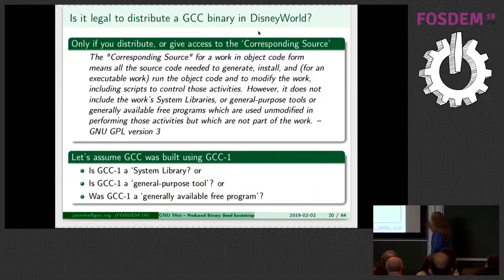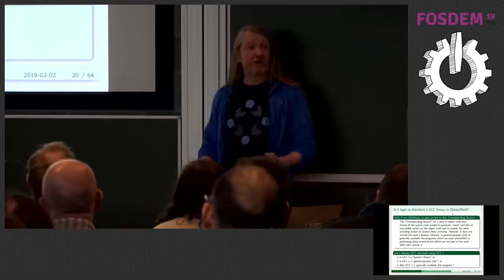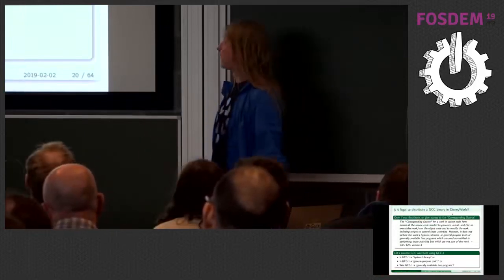So the interesting thing is that GPL version 3 allows you to distribute binaries. So the question is, can we distribute a GCC binary at all? You may be allowed to do that if GCC minus 1, the one you compiled your program with, is a system library. I don't think so. Or if GCC minus 1 is a general purpose tool. Some people would say it is, but you could also argue it's a very specific tool. It's a C compiler. You cannot compile Python. It's not general purpose.